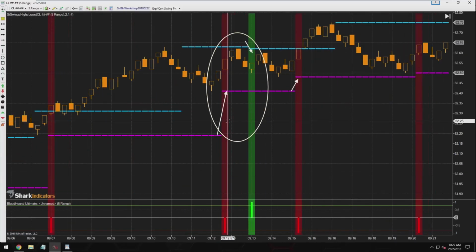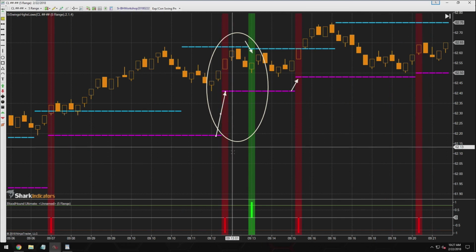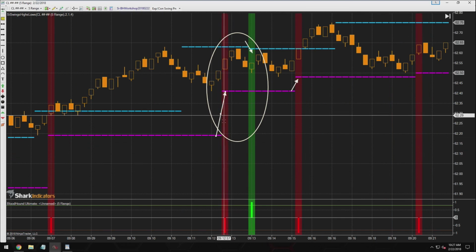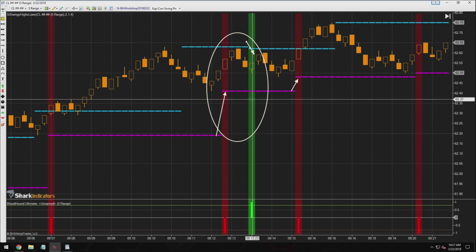We can see signals. When the swing lows are moving higher, I'm getting a short output for the swing lows. And for the swing highs, when the swing highs are contracting or moving lower, I'm getting a long output.